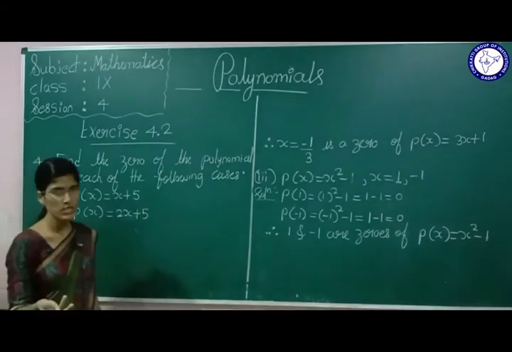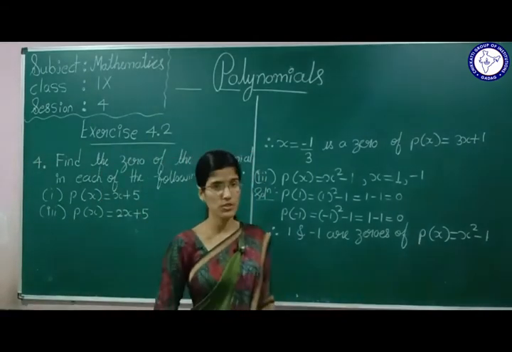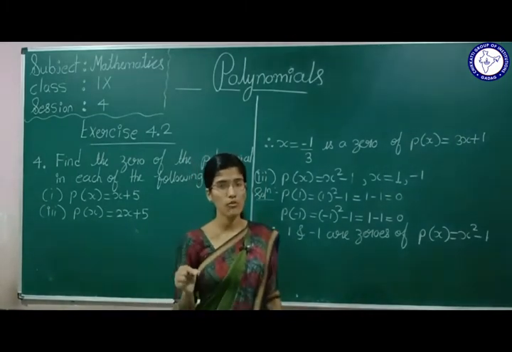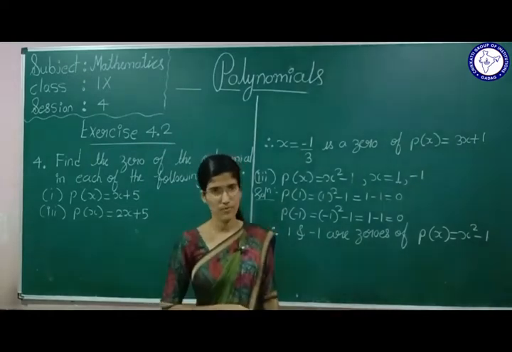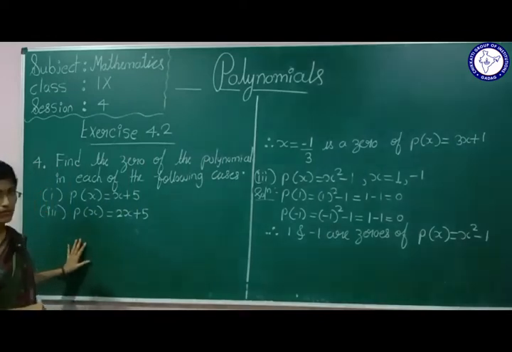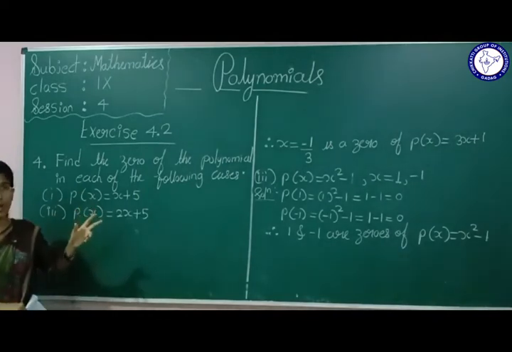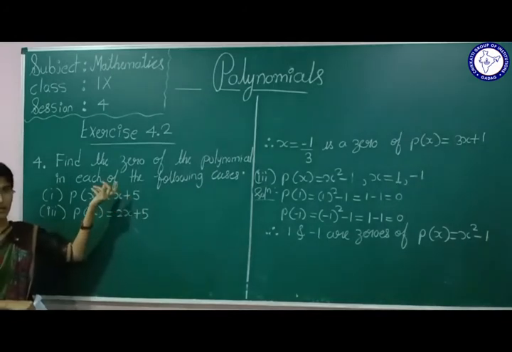I told you the definition of the zero of a polynomial, and we have just solved problems based on that, right? A zero of a polynomial p of x is a number a such that p of a should be 0. Now, to find the zero of the polynomial, as I told in the last class, equate this polynomial to 0.